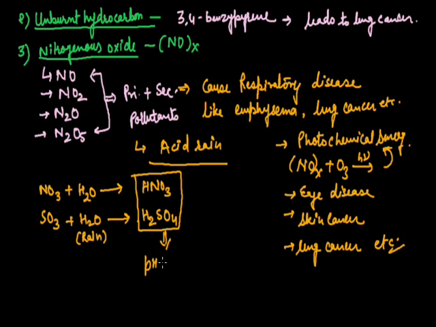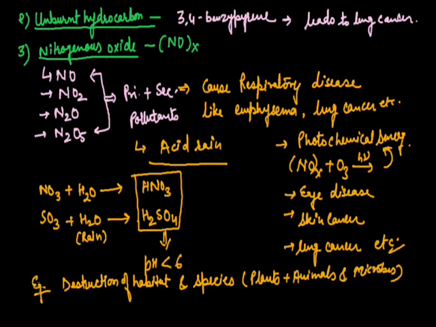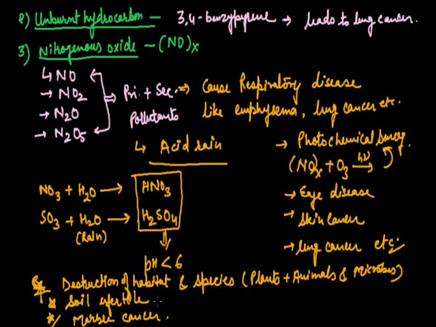Here the pH is less than 6, and that kind of rain is known as acid rain, which is responsible for destruction of natural habitat and various species of plants and animals, and makes the soil infertile. This is also responsible for marble cancer, or corrosion of marble.